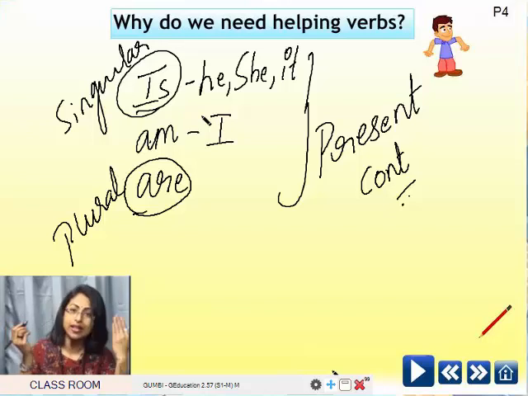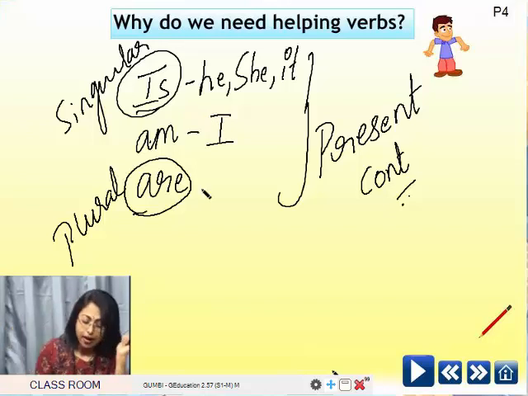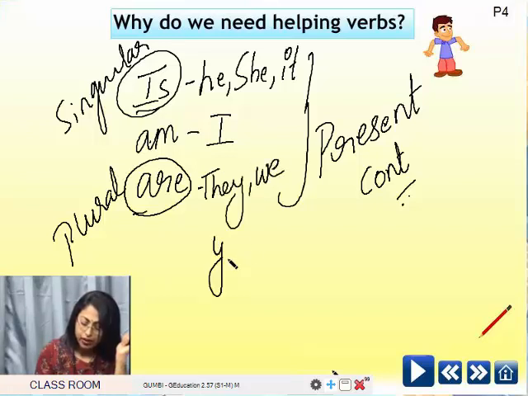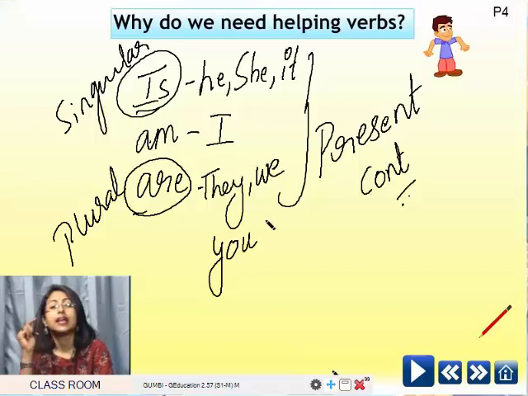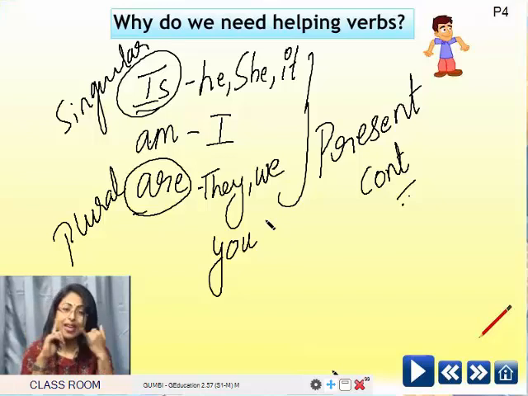So am will always come with I. Are will be used with they, we and you. They are my friends. We are a big family. You are my sister. Did you all understand? So is, am and are will be used as your helping verbs here.